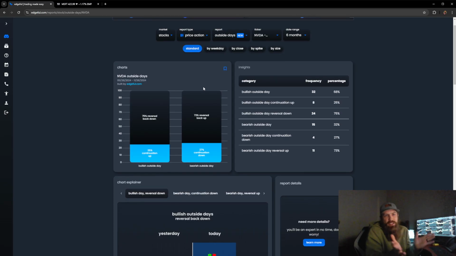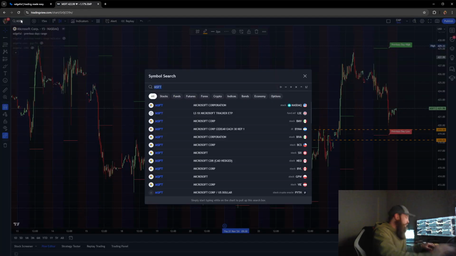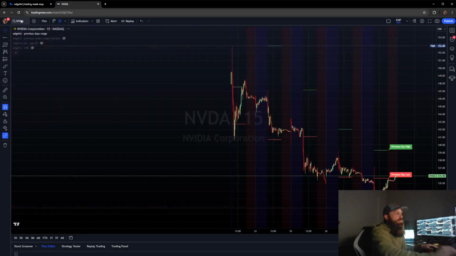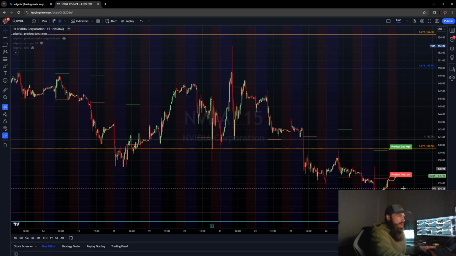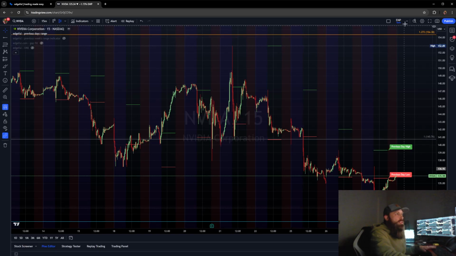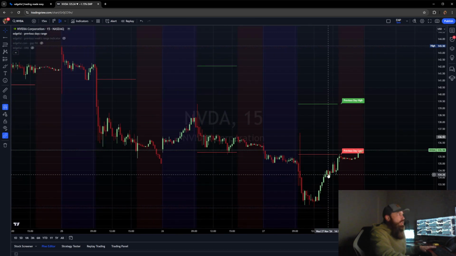On SPY, I didn't like the odds. Microsoft, I didn't really like the odds. NVIDIA, I like these odds. Let's see if we can find you guys a couple quick examples here. NVIDIA, what is all over my chart here? Let me delete some of this stuff just to clean it up. All right.